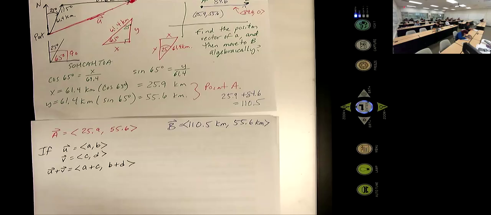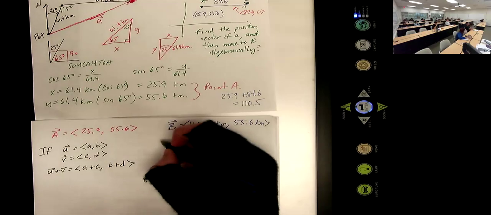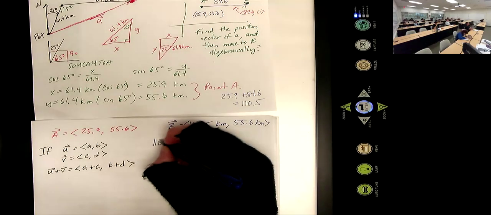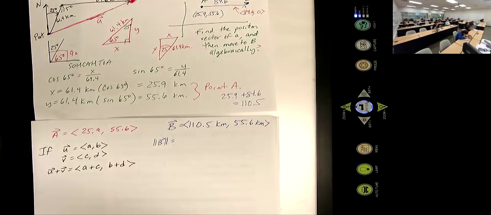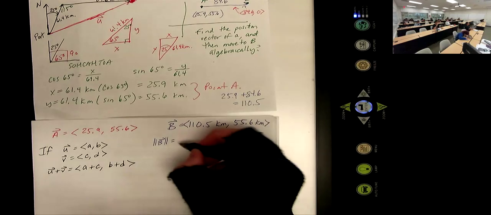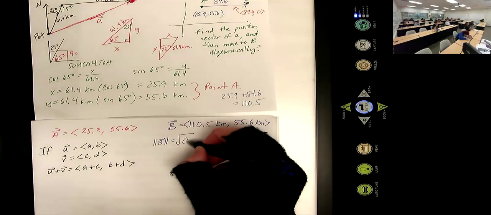Now that's not what they wanted though. We found where it's at, but what do they really want to know? They want to know how far away and at what angle. So we can find the magnitude of B by doing what? The square root of 110.5 squared plus 55.6 squared.